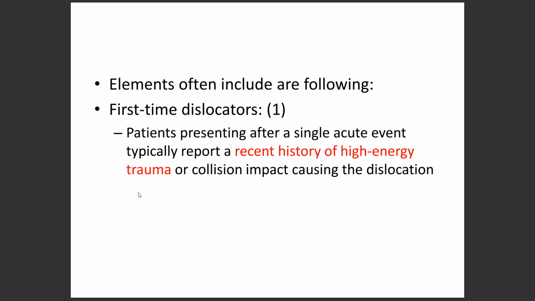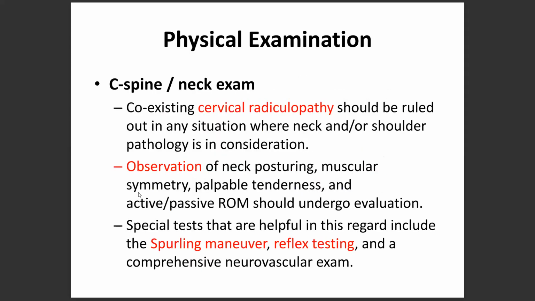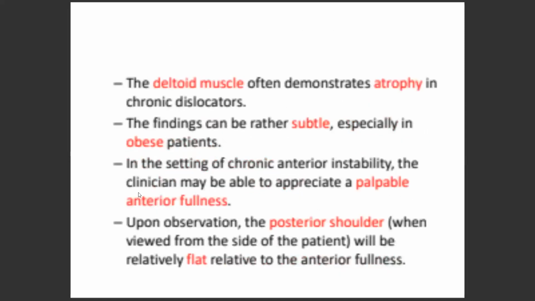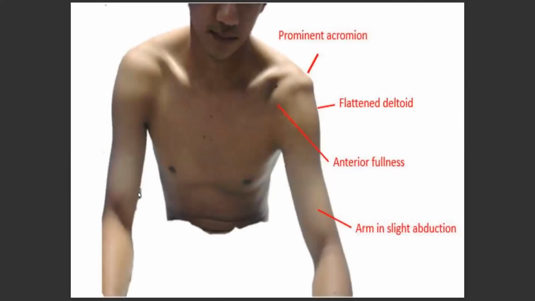We said there should be a very comprehensive clinical examination that starts with the neck and cervical spine, then the shoulder exam, and should end with the elbow. We discussed that when the patient has an anterior dislocation, and if there is recurrent dislocation, these findings may be seen on inspection: the acromion will be prominent, and there will be anterior fullness just below the coracoid process. It is important to remember that anterior fullness is mostly below the coracoid process.